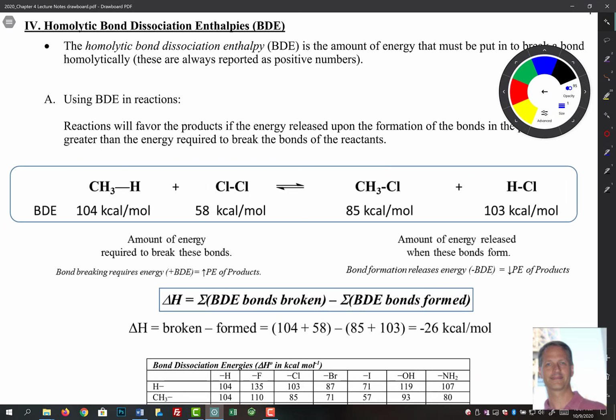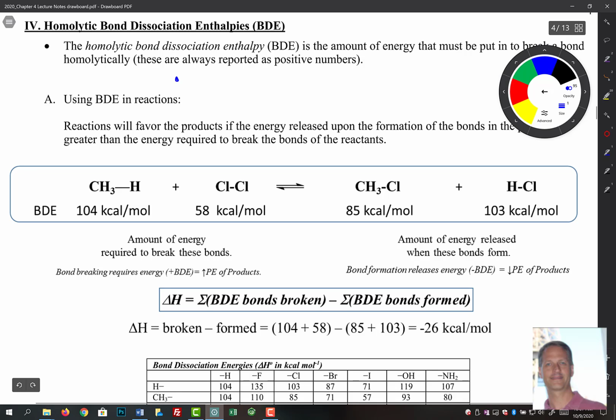Now, we can look at homolytic bond dissociation enthalpies. We're going to call those BDEs, and we're going to look at BDEs throughout the year, really to make comments about stability of intermediates. So it'll be something that comes up that we need to remember.